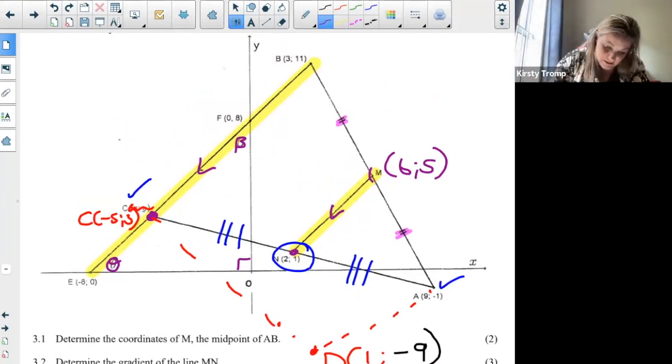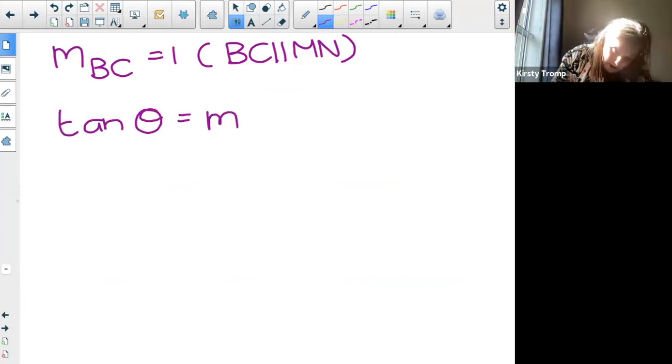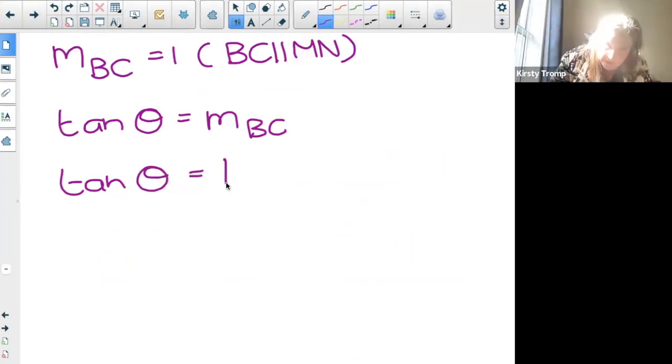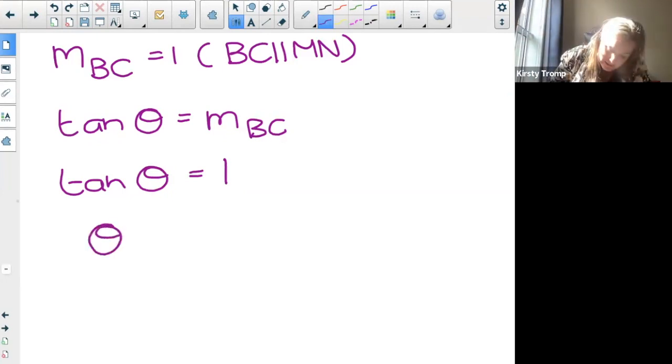So we can say that the tan of theta is going to be equal to the gradient of BC, so tan theta is equal to 1. On your calculators, shift tan 1 equals, you're going to get 45 degrees.